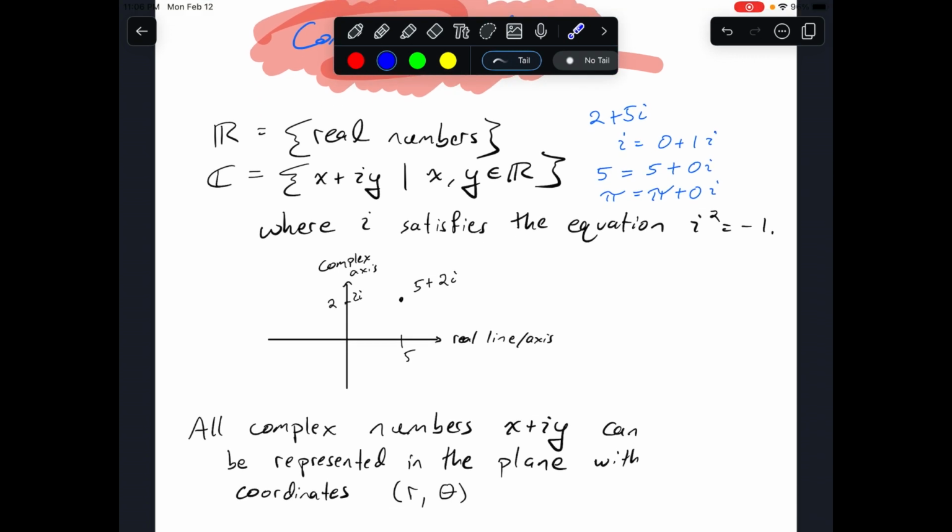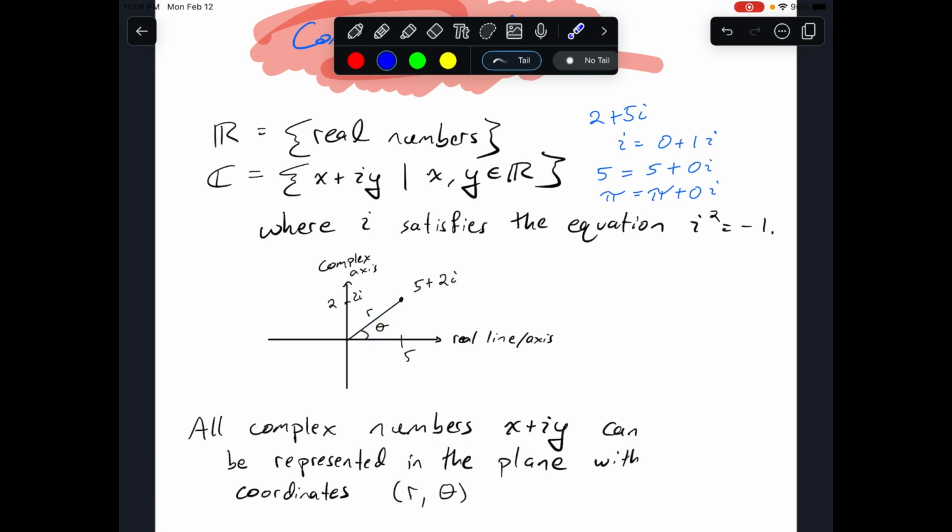So just like in polar coordinates, all complex numbers can also be represented in the plane with coordinates r and theta, where r represents your distance to the origin, and theta represents your angle with the positive real axis.